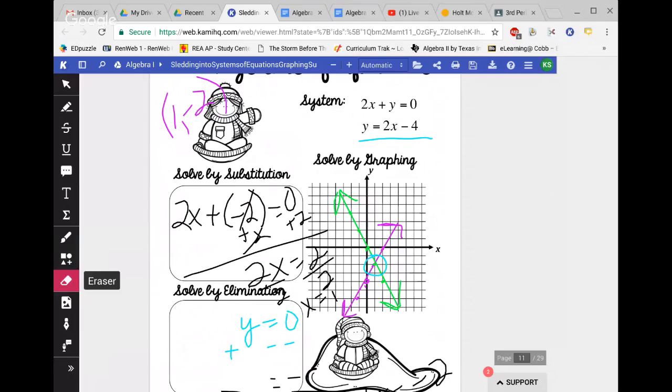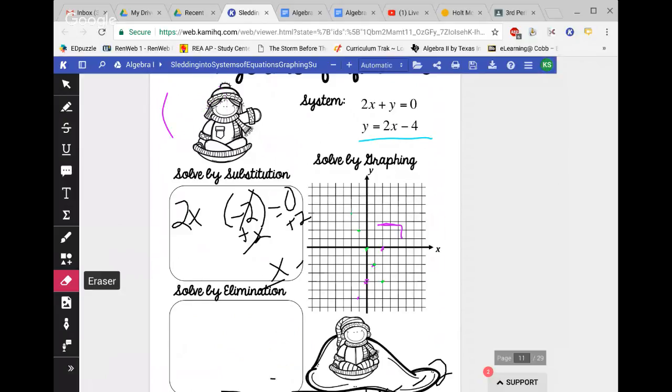So we got 1 and -2 all three ways, by graphing, by substitution, and by elimination. Is this getting any easier for you? Yes, ma'am. Oh, good. I'm so glad. Once you start getting this really nailed, it's really, really helpful.